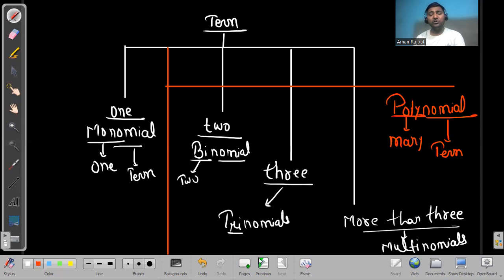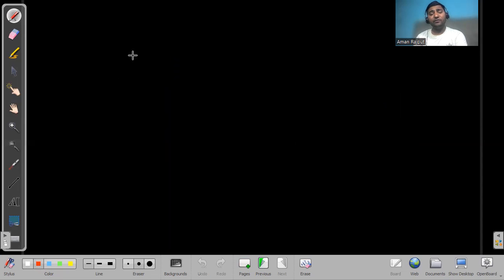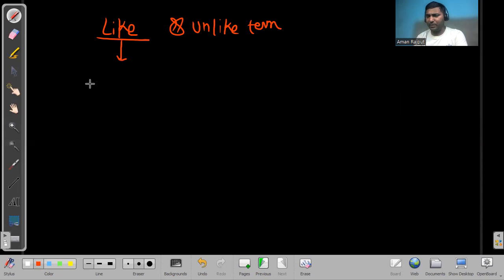Let's try to understand one more concept: like terms and unlike terms. Keep in mind, like terms are terms whose variable is the same.